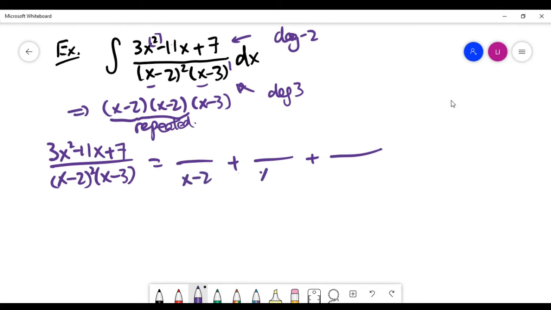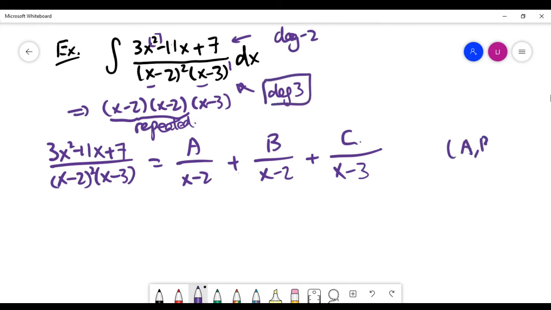Now you have 3 factors, and recall that when the denominator has degree 1, we need to use a constant at the top, A, B, C like this. It makes sense because you have degree 3 in the bottom and we need to solve for 3 constants. In general, the degree of the denominator needs to be the same as the number of constants you have on the right-hand side of the partial fraction decomposition.